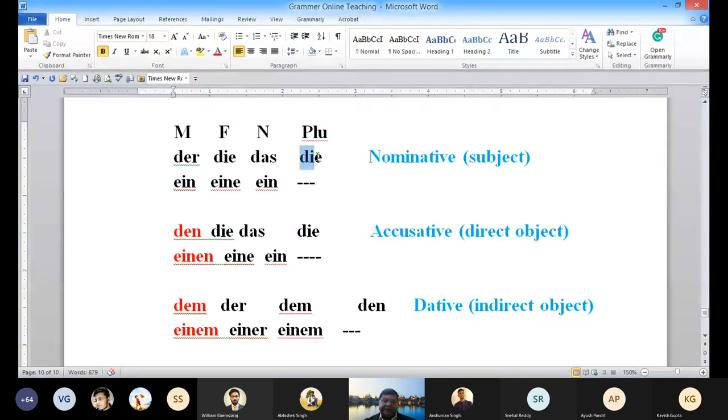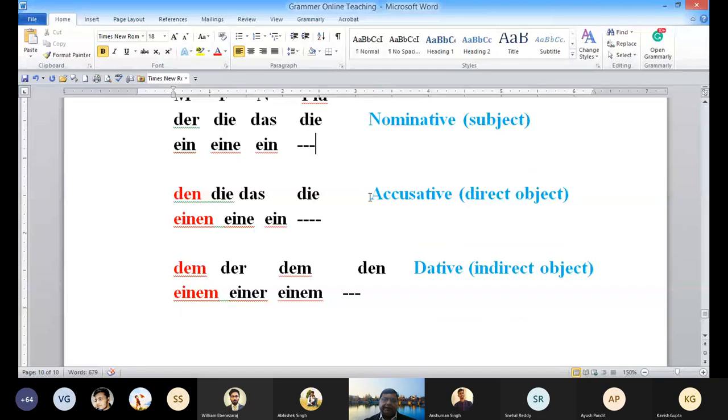If you are using any indefinite article like ein, then choose from this: eine, ein. Similarly, if you are using any noun as a direct object, then den, die, das, and the plural form will be die. And in this case, einen, eine, ein. So you have practiced a little bit that the moment you say ich habe, I have, then a direct object should come, some accusative object: einen Freund, einen Lehrer, eine Freundin, etc.